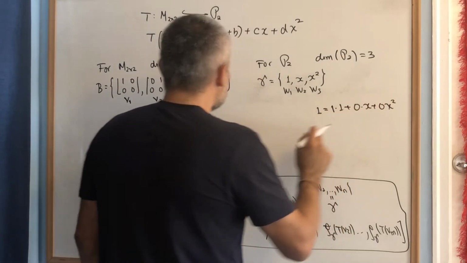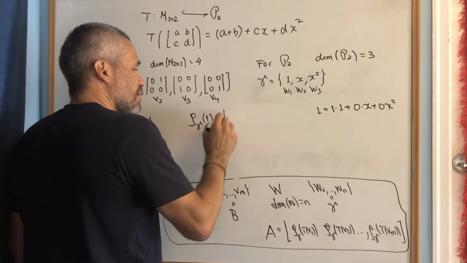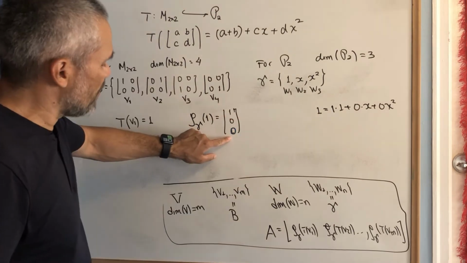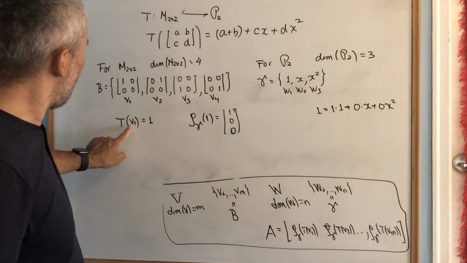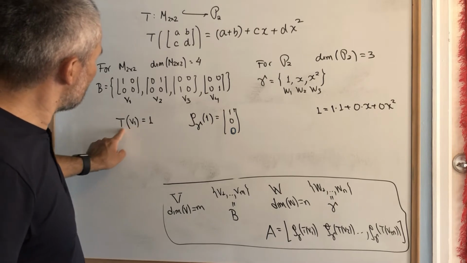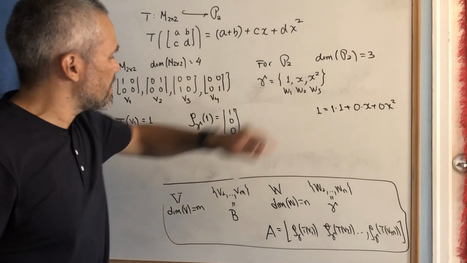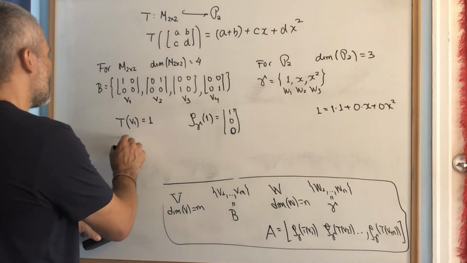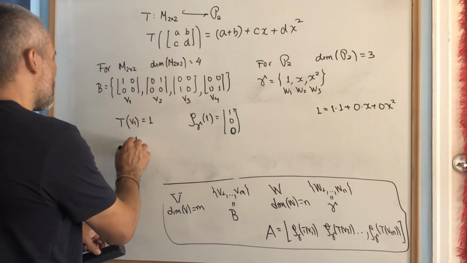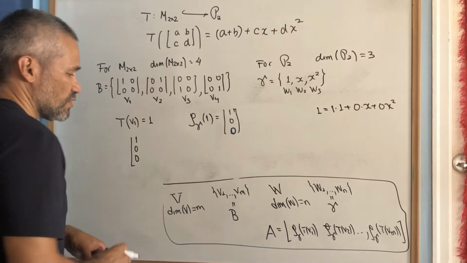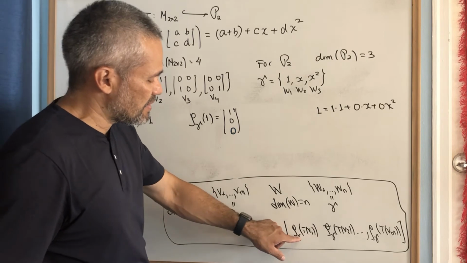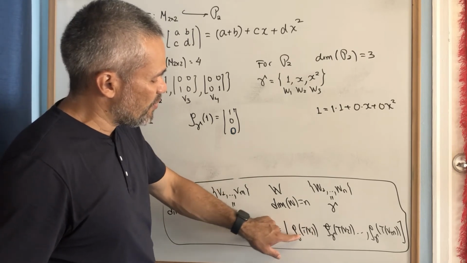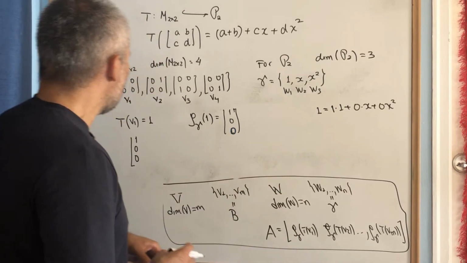These weights, 1, 0, 0, are the coordinates of this vector T of B1 with respect to the basis gamma. And this is going to be my first column of my matrix. See, the first column of the matrix is the representation of T of B1 with respect to the basis gamma.